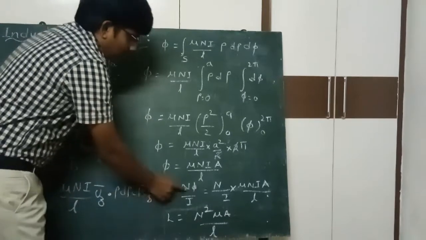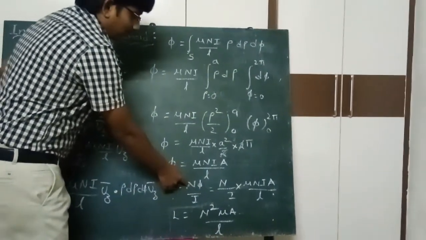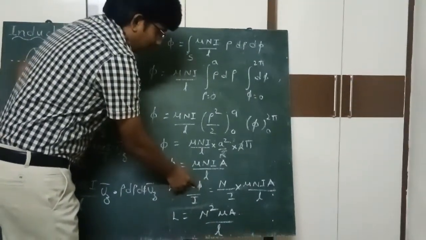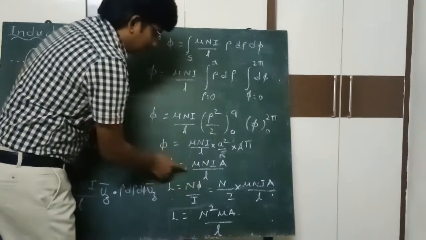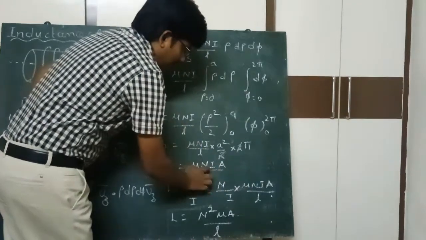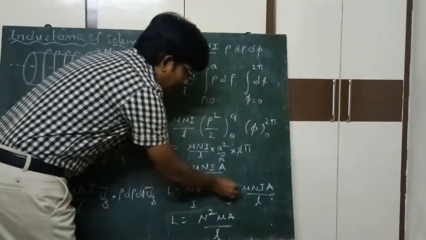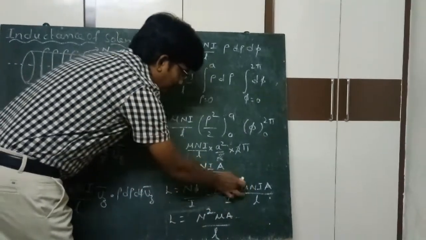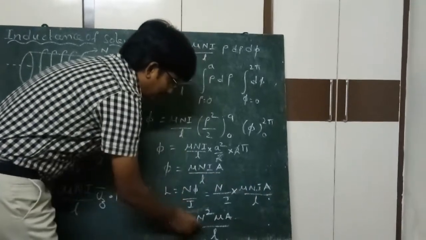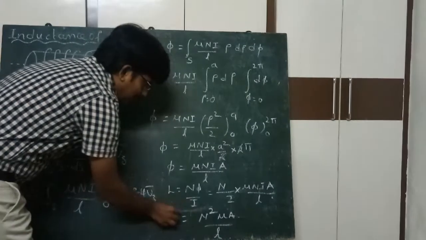We are assuming the total number of turns is capital N, and the current flowing through the solenoid is I, and phi is mu N I A by L. Substituting this phi in the equation, we have N and N, so N square mu A, and the I and I cancel with each other, divided by L. This is the formula for inductance of the solenoid.